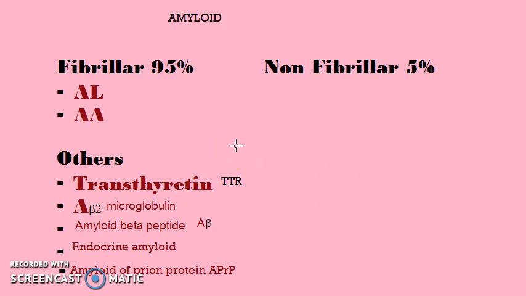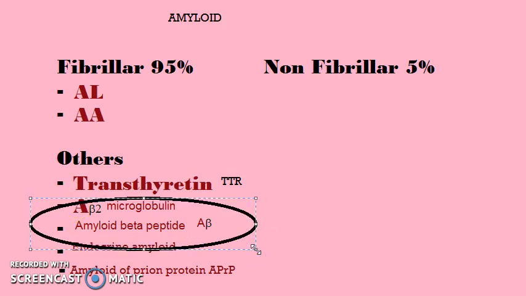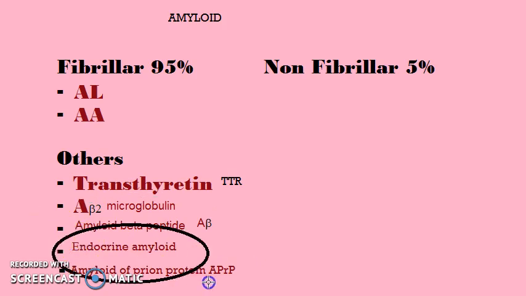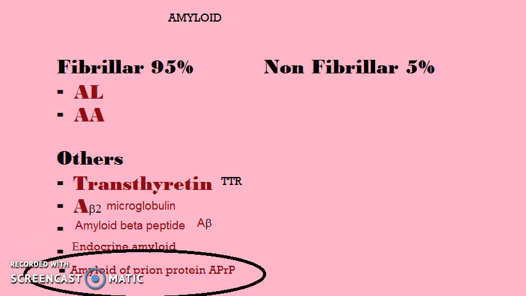AA, transthyretin, A beta 2 microglobulin, amyloid beta peptide, endocrine amyloid. Say properly. Amyloid of prion protein.